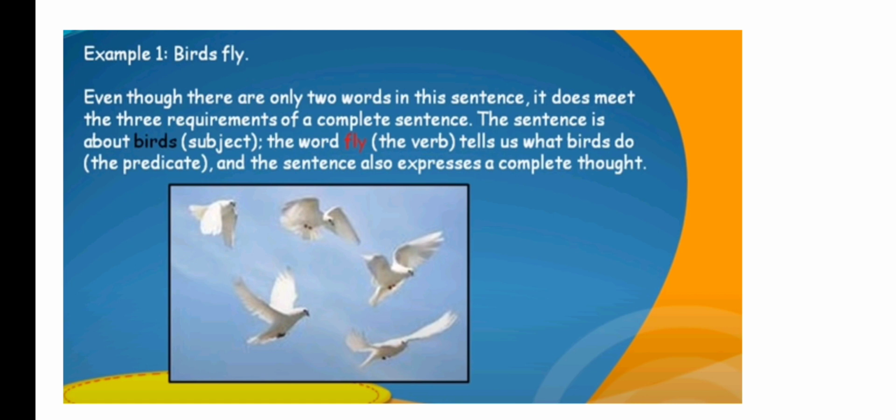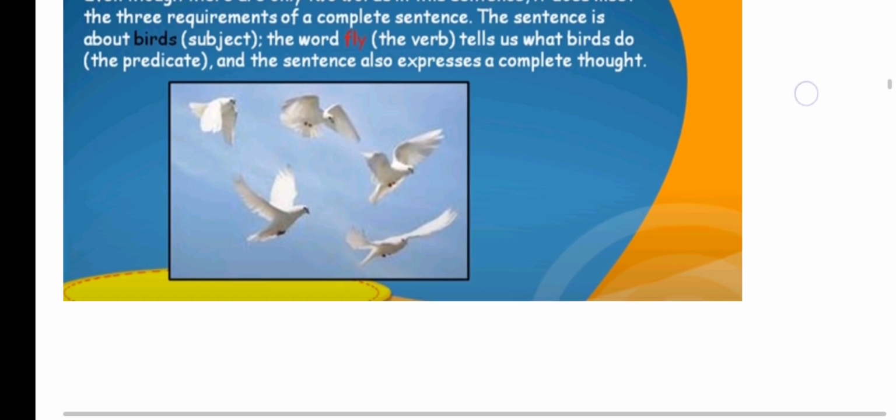So it's a noun and it is the subject here. Fly is a verb. It is an action word and that is the predicate. The sentence also expresses a complete thought. So this sentence has one subject and one predicate. Let's see more and more examples also.